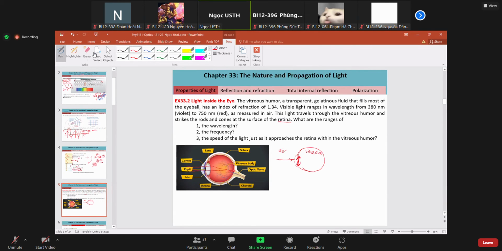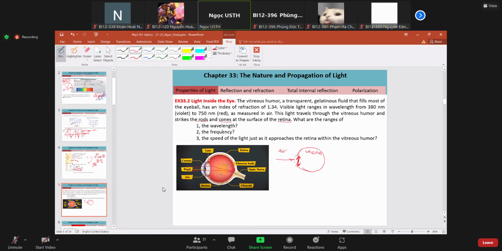The light goes through the lens, through the vitreous, it's not the vitreous body but the vitreous fluid, a gel-like fluid inside. The image should focus on the retina here. On the retina, you have rods and cones.